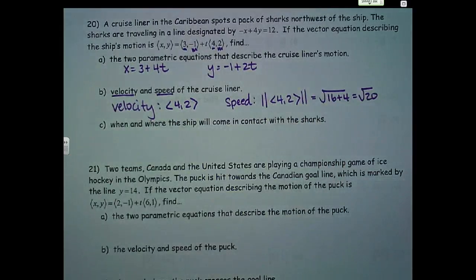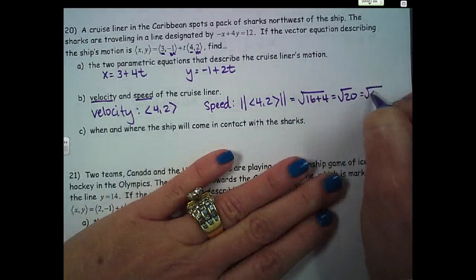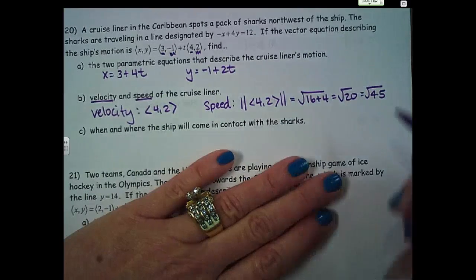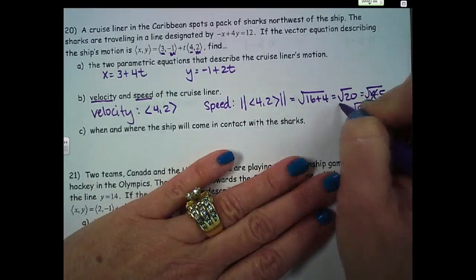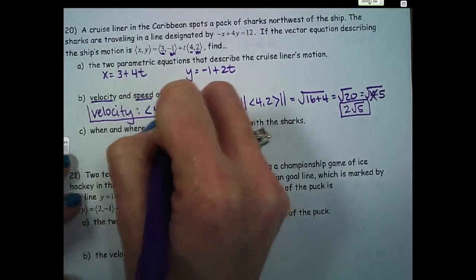But we're not going to leave it like that, right? What perfect square divides evenly into 20? 4. So this is the same thing as the square root of 4 times 5. Well, I can take the square root of 4. So then the speed is actually 2 root 5, because the square root of 4 is 2. So there's the speed, and there's the velocity.